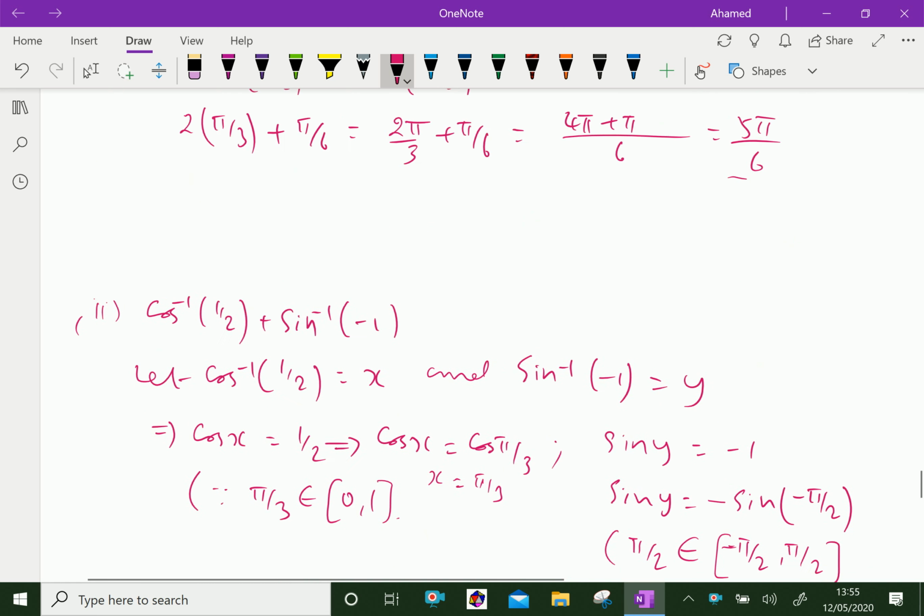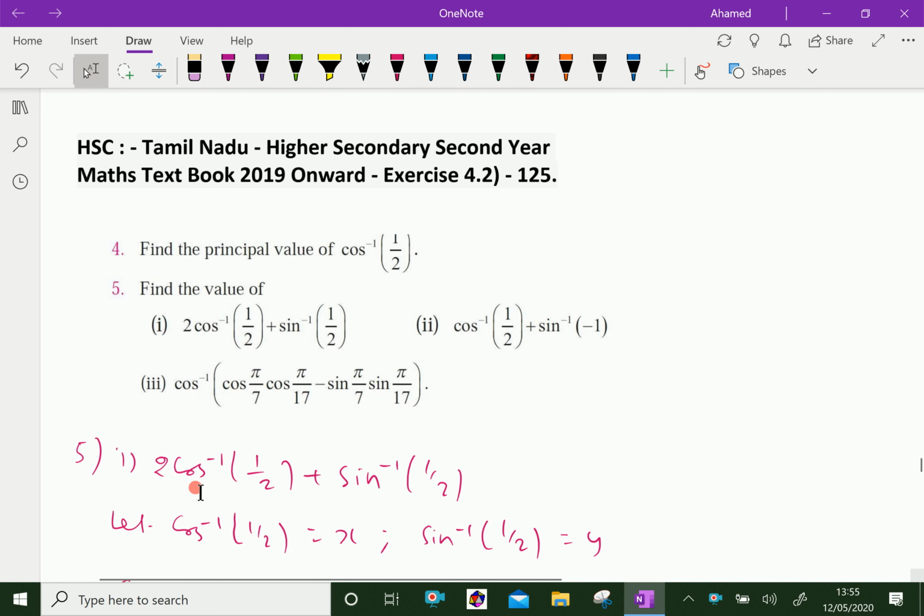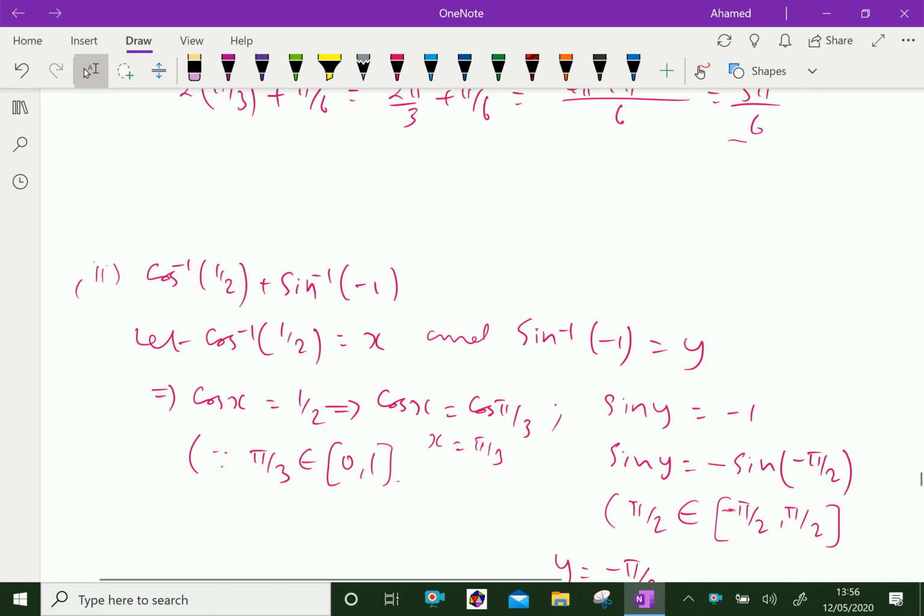Now question number 3, third part: cos inverse of cos pi by 7 cos pi by 17 minus sin pi by 7 into sin pi by 17.